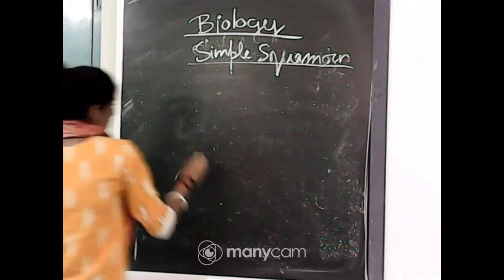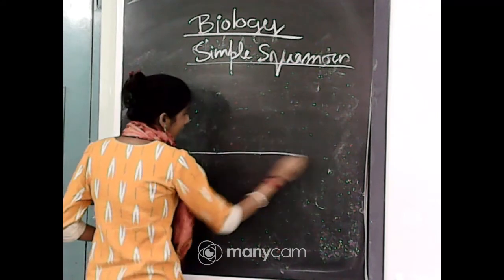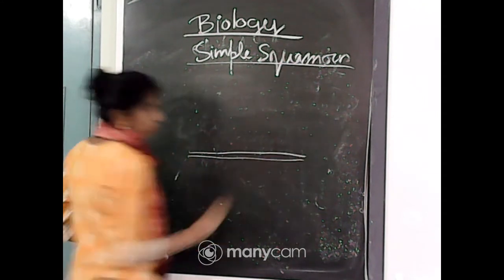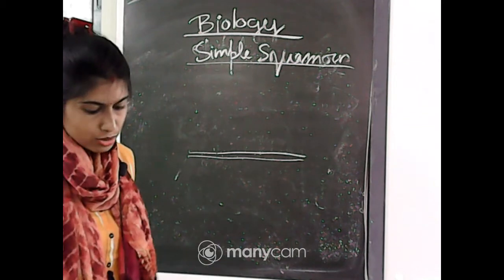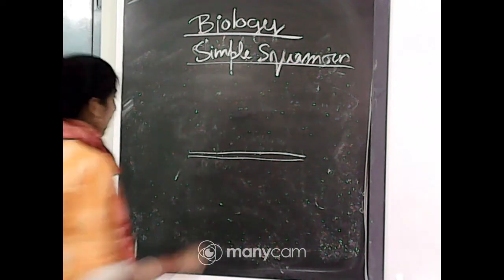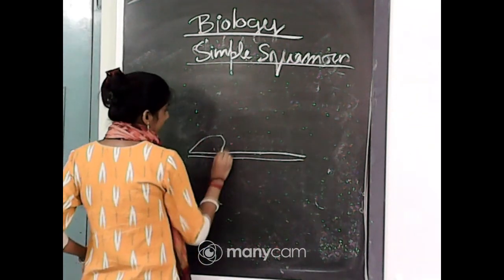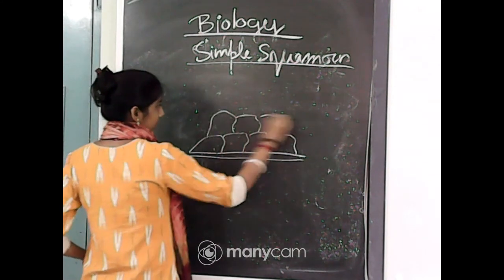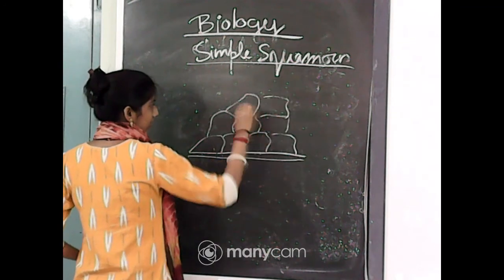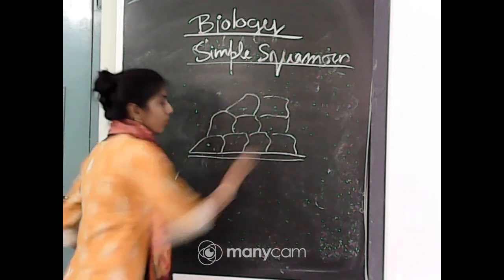Simple squamous type of epithelial tissue. In that type of tissue, we will find the basement membrane because it is a general characteristic of epithelial tissue, and above that the cells are arranged like this.